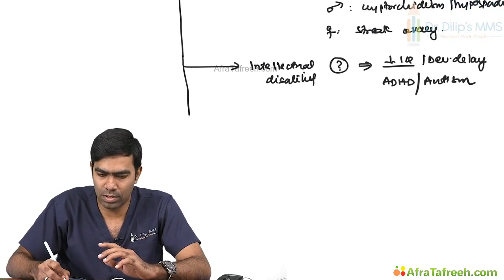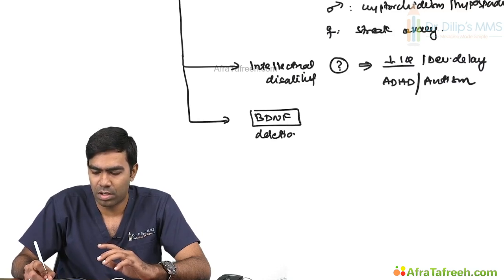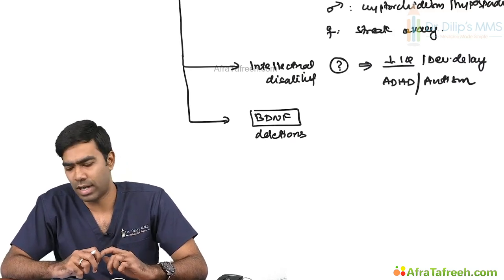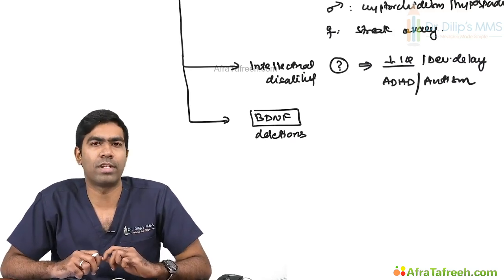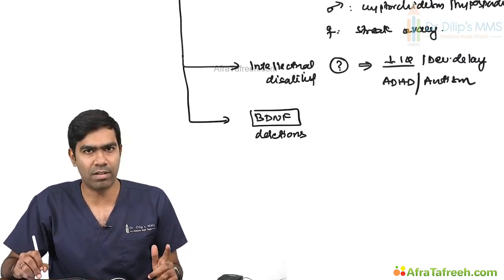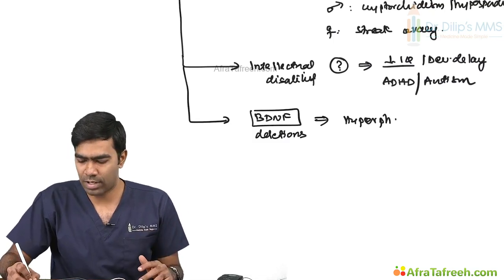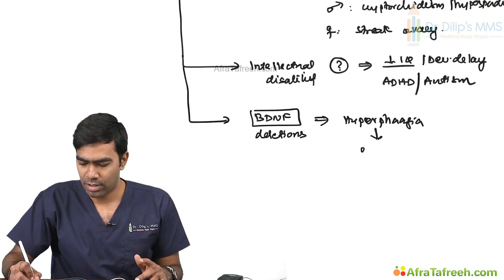And some of these individuals may be having obesity, and that is due to BDNF deletions, because the BDNF pathway is closely related to stimulation of the POMC-CART mechanism on the anorexigenic pathway. Suppose BDNF is deleted, this will result in failure of the anorexigenic pathway to be stimulated, resulting in uncontrolled orexigenic pathway stimulation, resulting in hyperphagia and obesity.